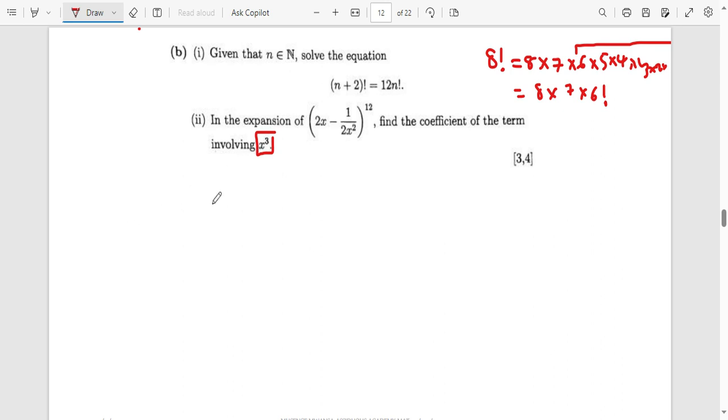So what do you want to do? You know that when you have been given a plus b to the power n, using the binomial theorem, if you are finding, let's say, the rth term, the rth term is given by, you are going to get the same power. If this is r, then here you are going to put r minus 1.